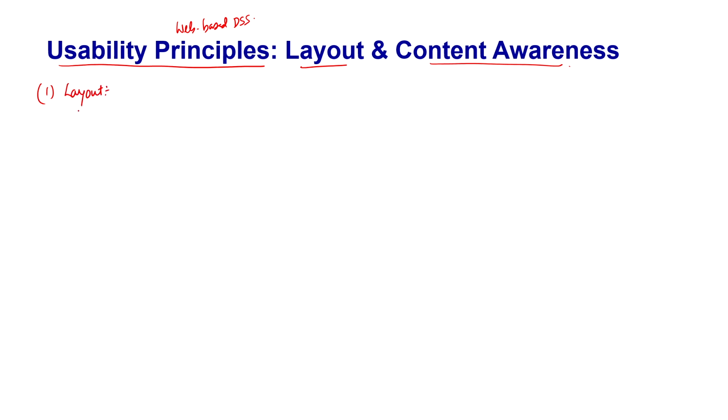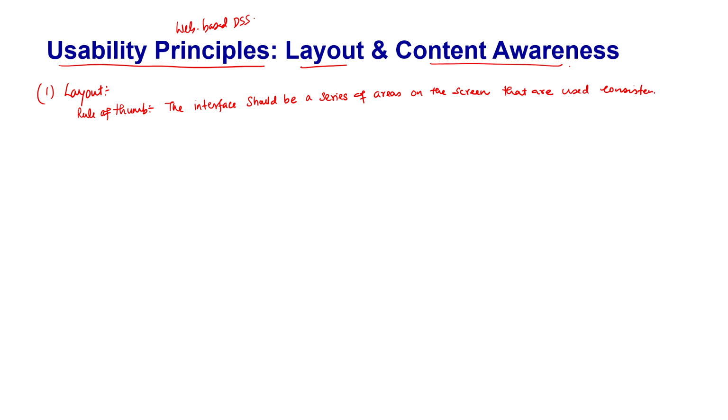So, what is the rule of thumb? The rule is this: the interface should be a series of areas on the screen that are used consistently for different purposes.